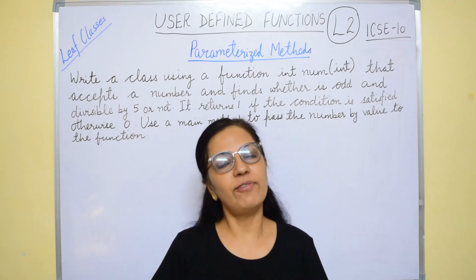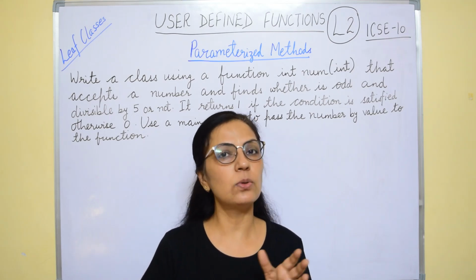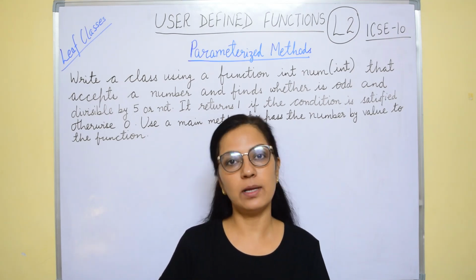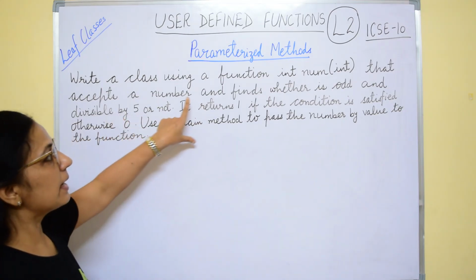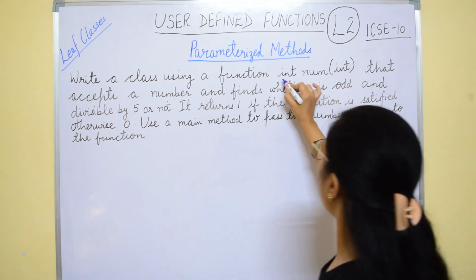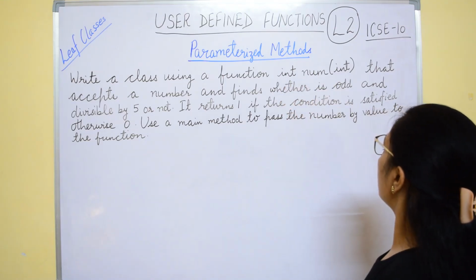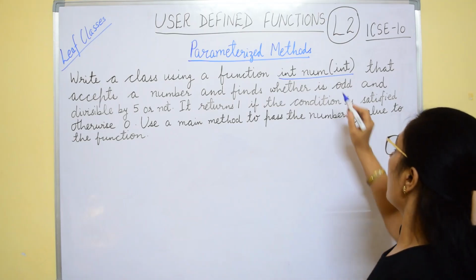We begin with a very simple, very easy question so that the logic is clear to you, the concept is clear to you for the user-defined functions. The question says, write a class using a function int num(int). This is the function name which is given in the question.